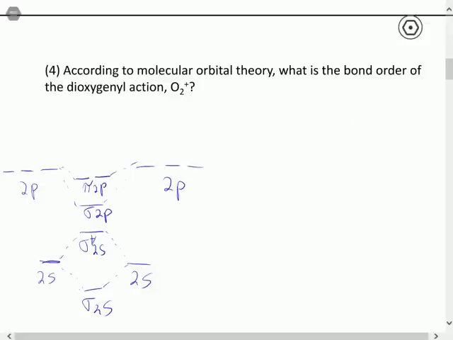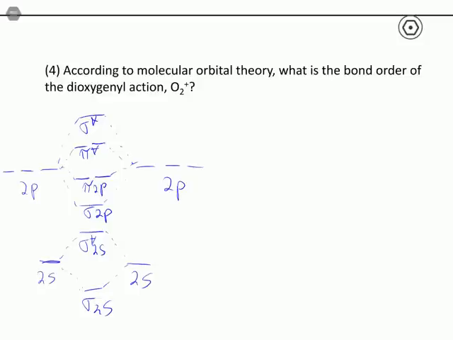So there's always 2 degenerate pi orbitals, and then when we go to make the anti-bonding orbitals, there's 2 degenerate pi star and 1 single sigma star. So we're mixing together 8 atomic orbitals. We make 8 molecular orbitals, and they have this order of energy, from lowest energy to highest energy, bottom to top.